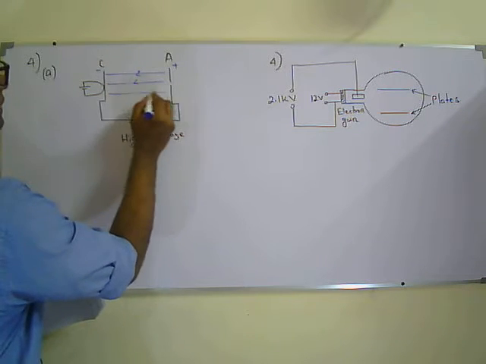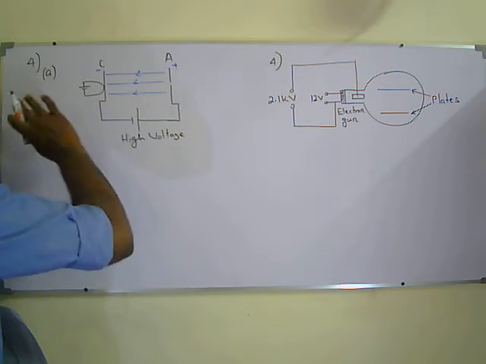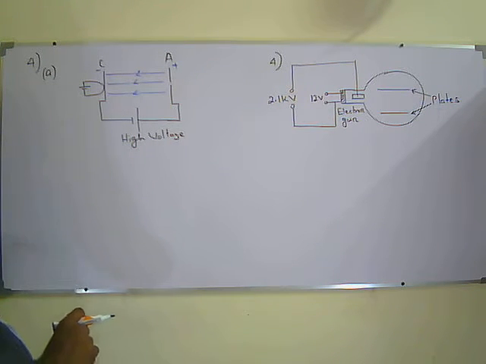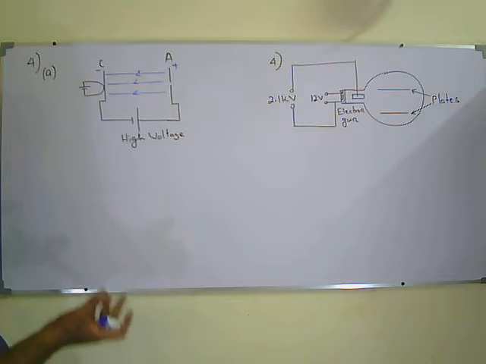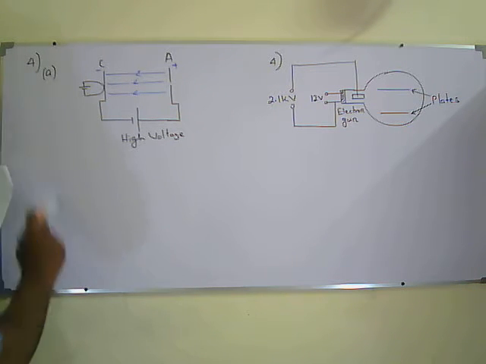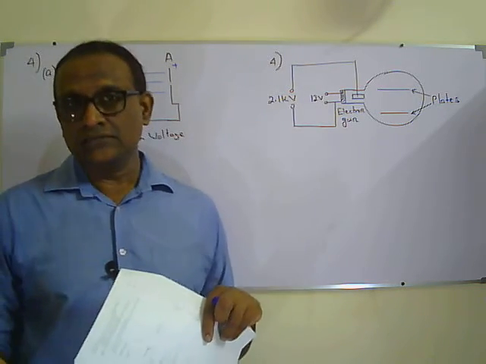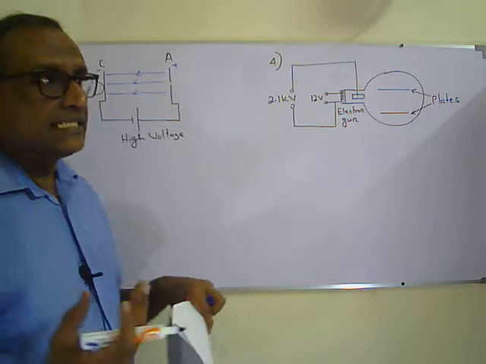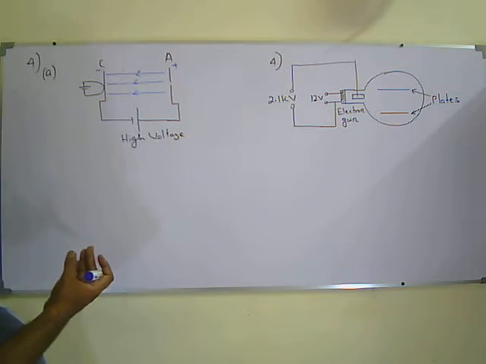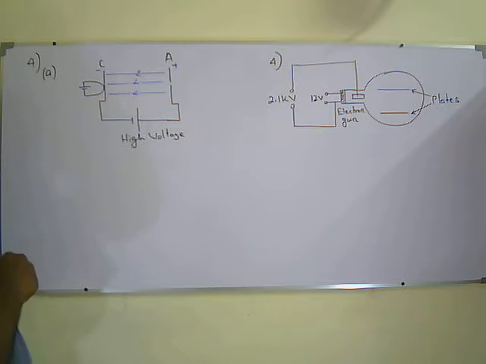Negative charges such as electrons accelerate opposite to the direction of the field lines. So for question 4, part A, we can say electrons are emitted due to thermionic emission, then these electrons are accelerated by the electric field from cathode to anode. That's the answer for part A.